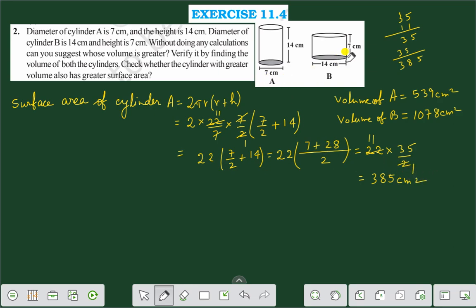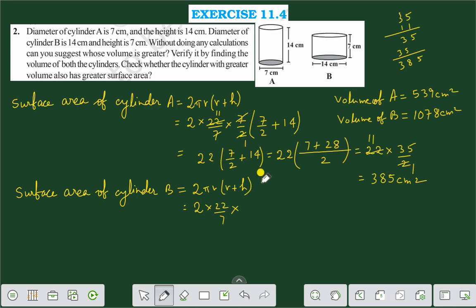We'll find the surface area of cylinder B. The formula is same, that is 2 pi r into r plus h. The value of pi is 22 by 7.